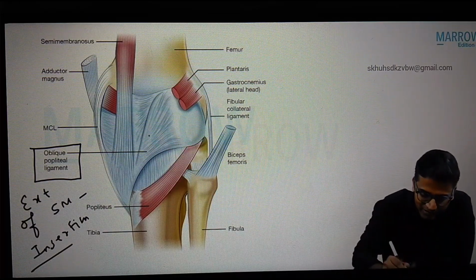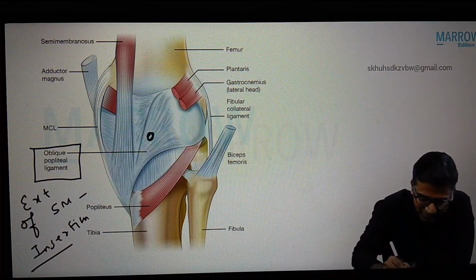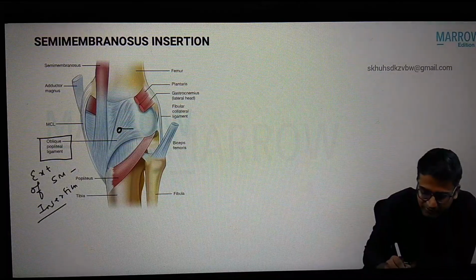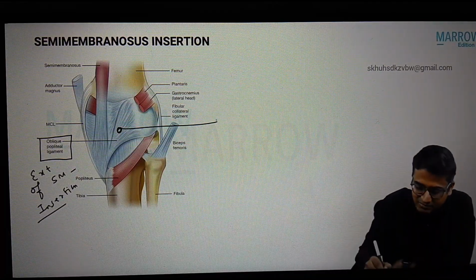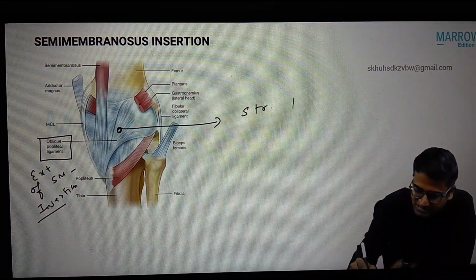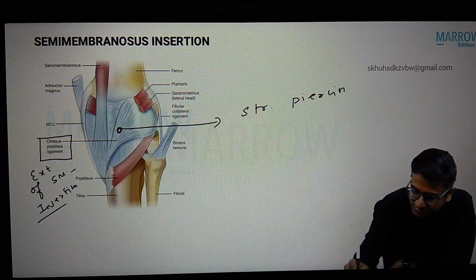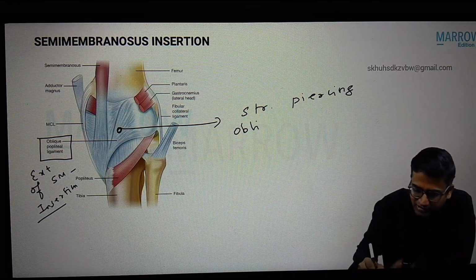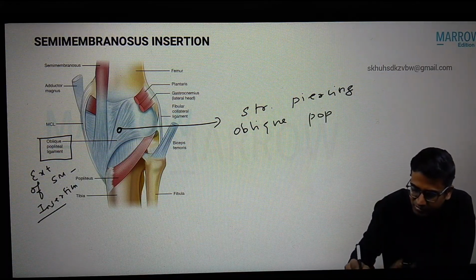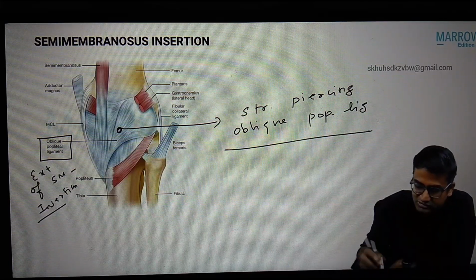This oblique popliteal ligament is pierced by some structures. What are those?